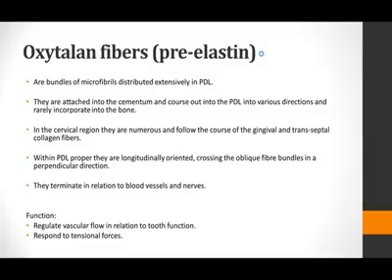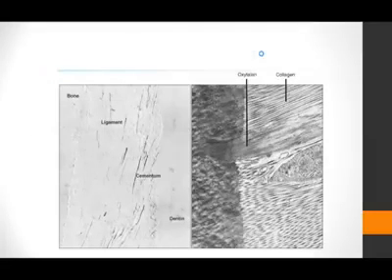So as they terminate in relation to the vessels and the nerves, they function in regulating the vascular flow in relation to the tooth function in those vessels, and they also respond to the tensional forces on the PDL. Because they are elastic in nature, they can contract or expand when pressure is put on the PDL.